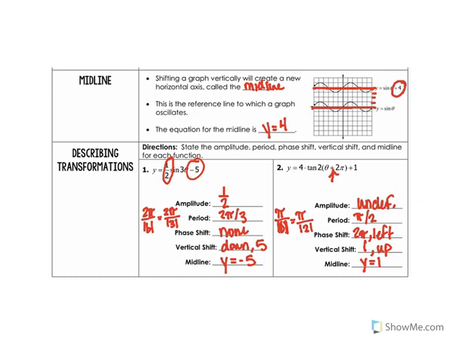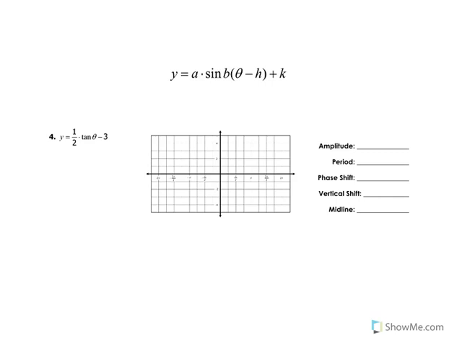Okay, I just want to relabel this diagram again really quick because we're going to use it for literally all of these problems. So let's just go ahead and label it. So remember the A is the amplitude. The B affects the period.